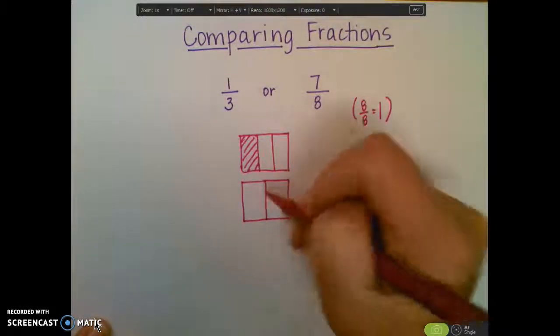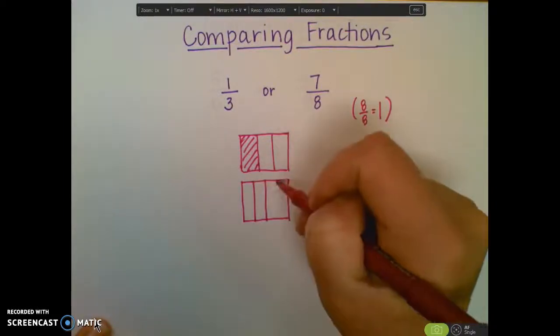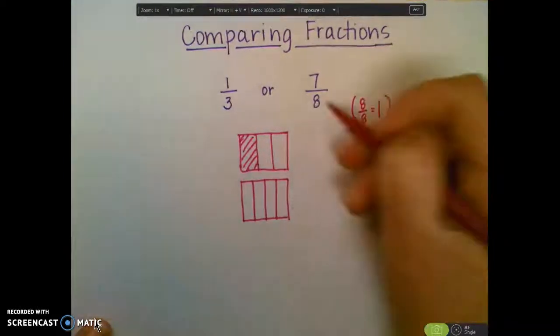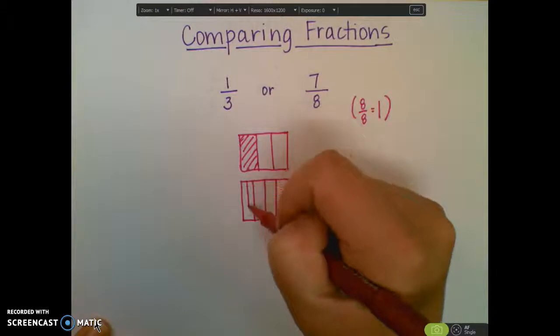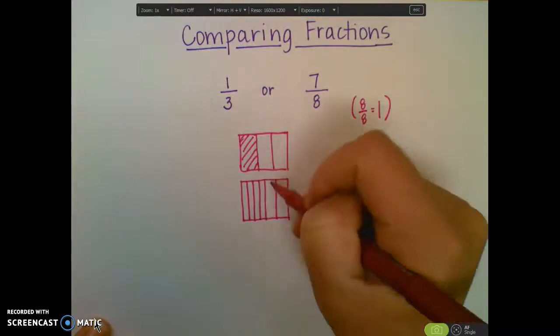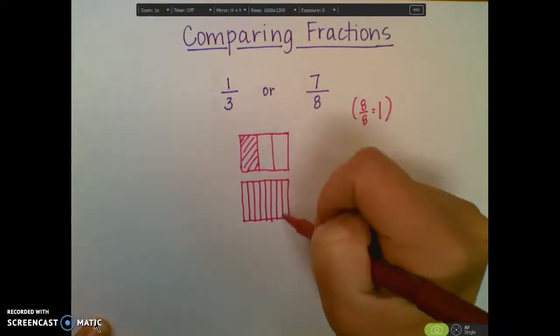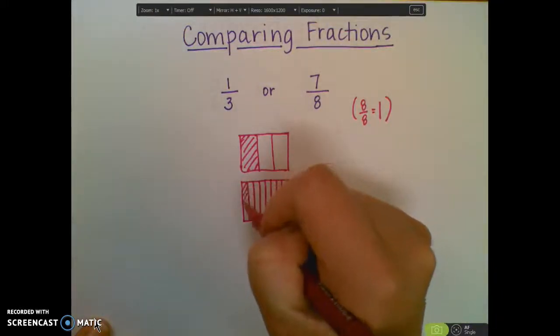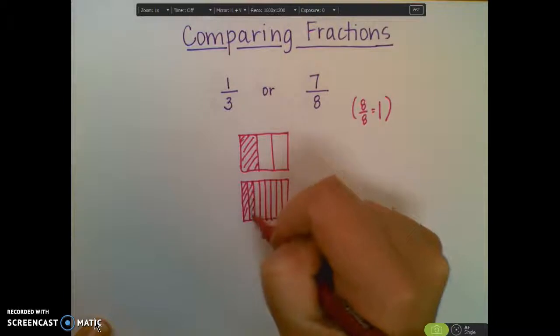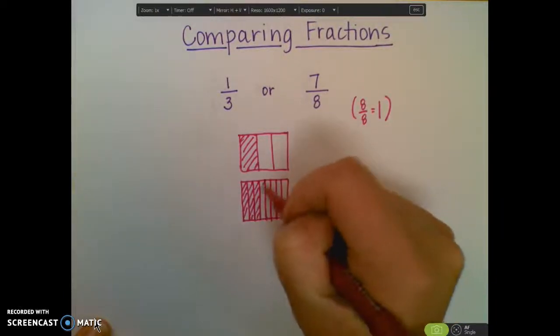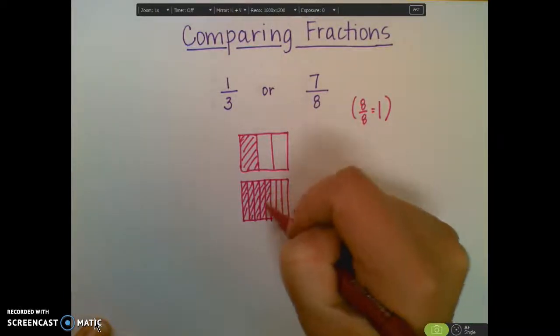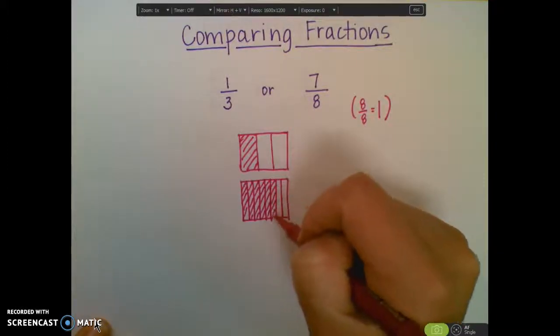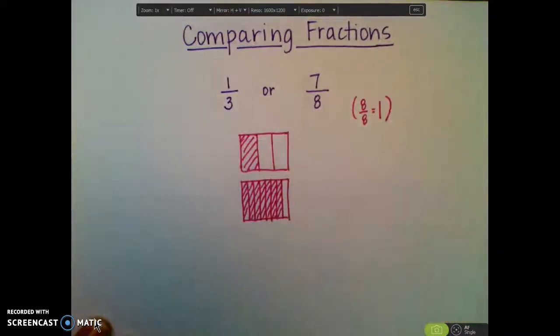So here I'm going to divide it in halves, and then now I've got fourths, and then I know since I'm working with 8ths, I'm going to divide each of these into 2 parts again. That way I have 8 total pieces, and so now I have 8ths, and I know that 7/8, that means that's 1, and 2, 3, 4, 5, 6, 7, and there's my 7/8.